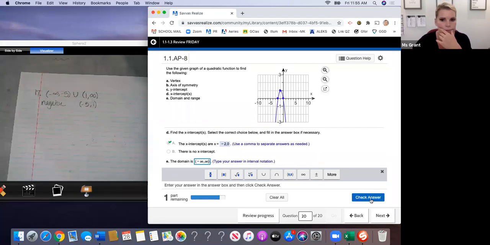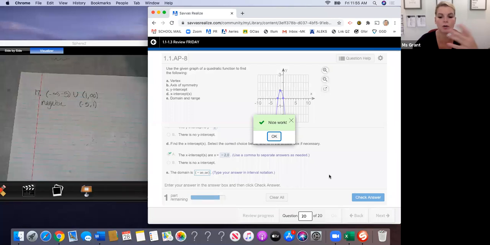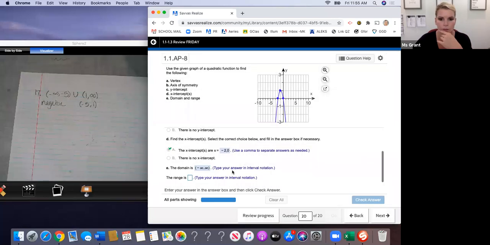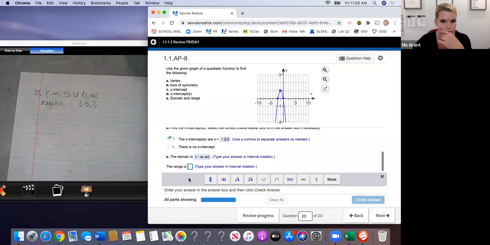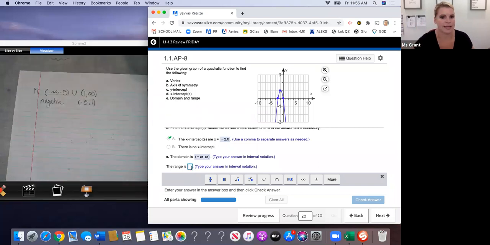Okay. And again, you can look through this slower on YouTube. Range, low to high. The lowest point is -infinity. The highest point is a 1 with a bracket. Again, I don't know if it's going to like my bracket, but I like my bracket. Negative infinity, comma.